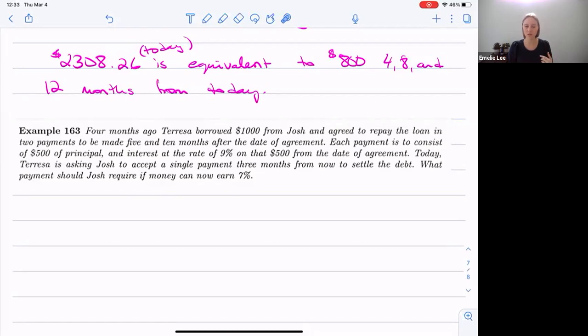And so you just want to take a deep breath, figure out your timeline. And like I said, sometimes I'll start and try to figure out how many time points to put on my timeline. That's always where I start. And sometimes after reading the question a couple more times, I'm like, oh, I need to put another time point on there. That's okay.